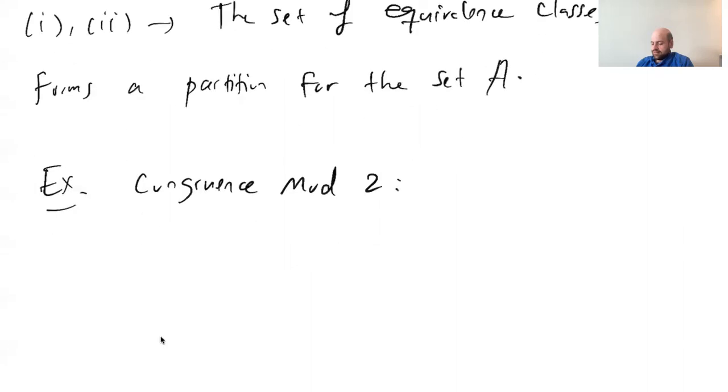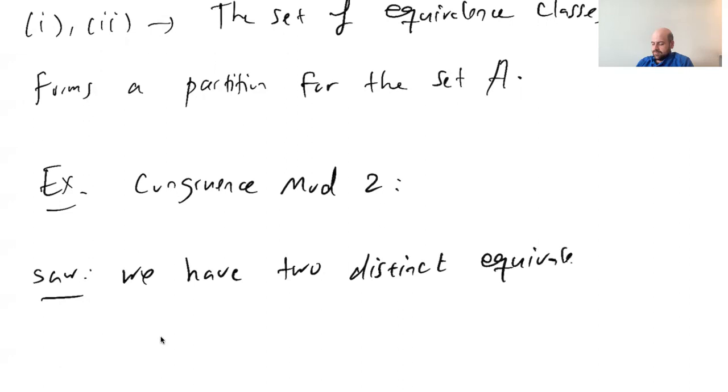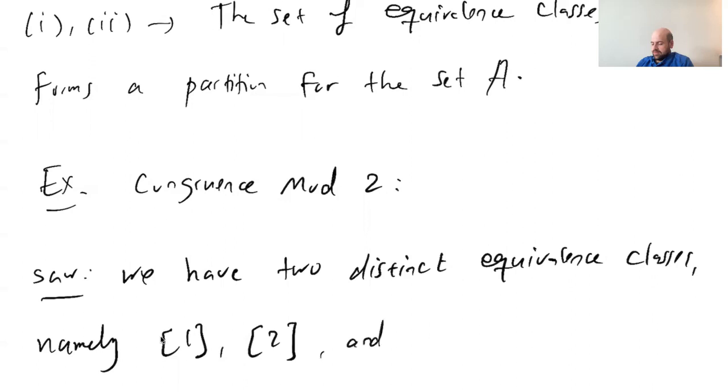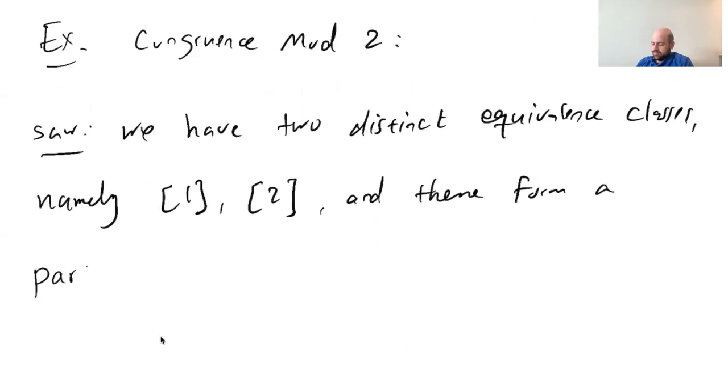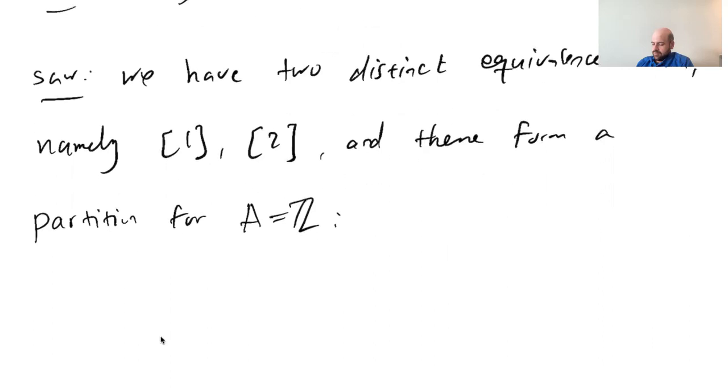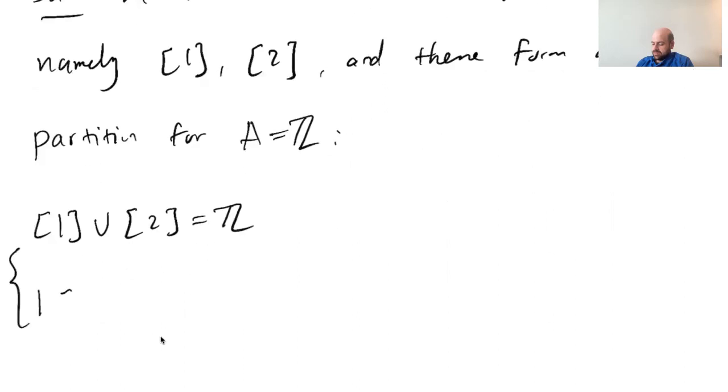Then we have two distinct equivalence classes, namely the equivalence class of 1 and the equivalence class of 2, and these form a partition for Z. The equivalence class of 1 union the equivalence class of 2 is the whole Z, and these two have no intersection.